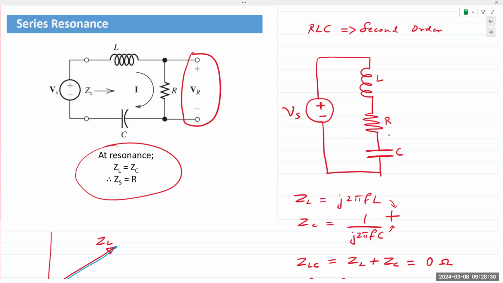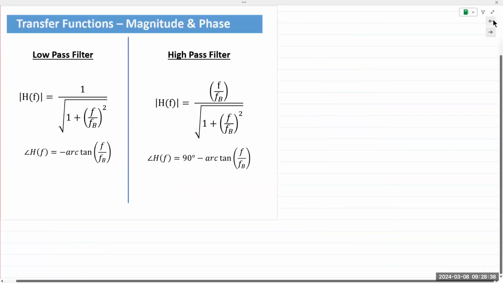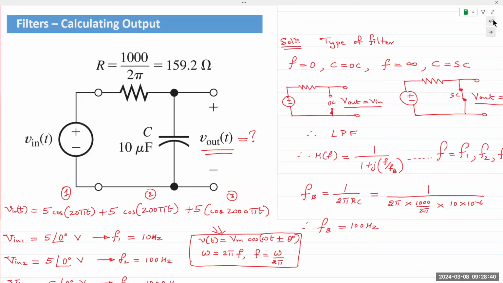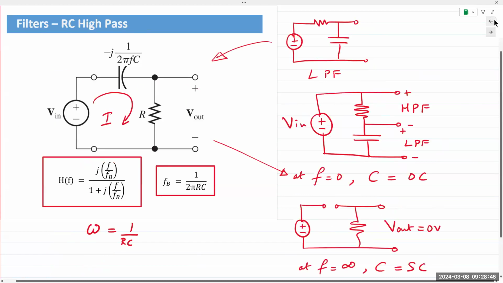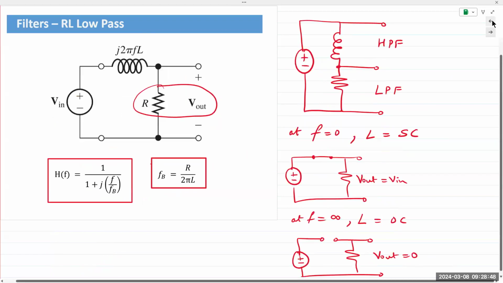If the capacitor is not present, what kind of filter would we have? Still taking the output across the resistor. So, no, this is output across the inductor here. Capacitor is not present anymore.